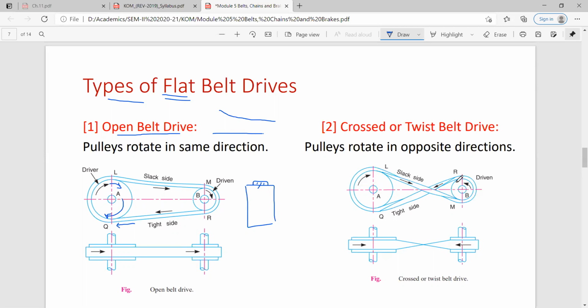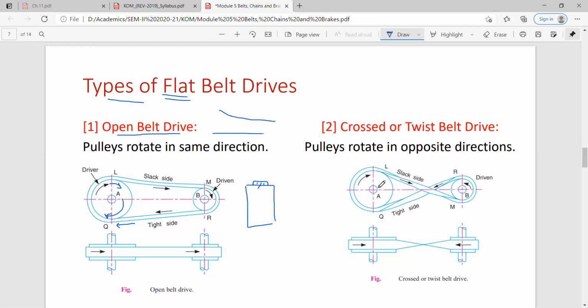One is rotating clockwise, one is rotating anti-clockwise. But what happens in this case is that many times the two belts at the cross point rub with each other, and because of that wear of the belt takes place.